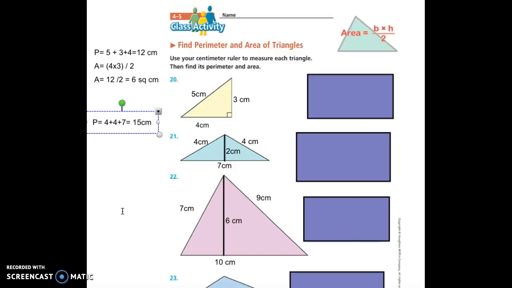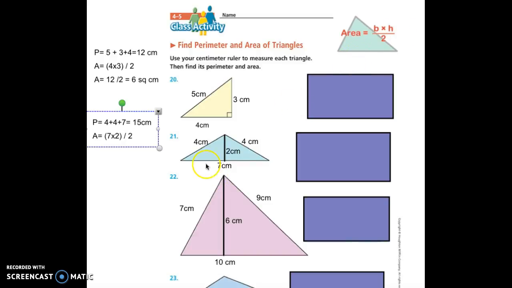All right, and then for the area, we're going to do base times height. And if they're asking you to find the area of a triangle, they're always going to give you the height if it's not a right triangle, which means that it's part of the sides. But in this case, it's not, so they're giving me the height. So my area is 7 times 2 divided by 2.